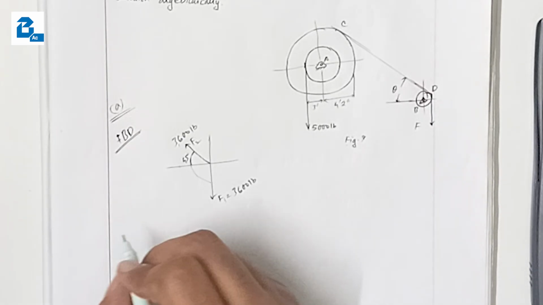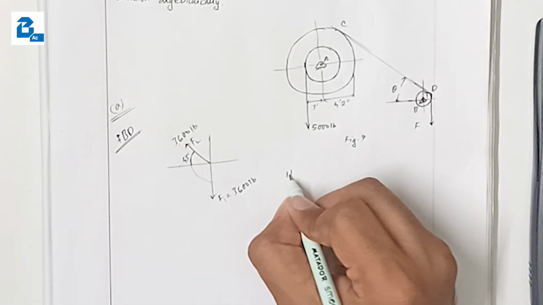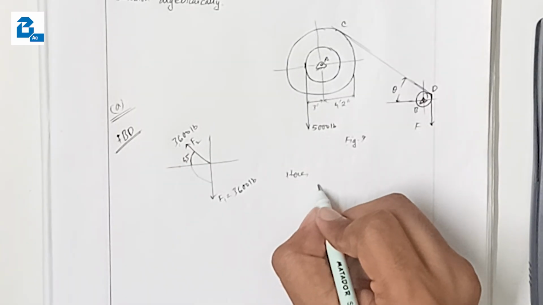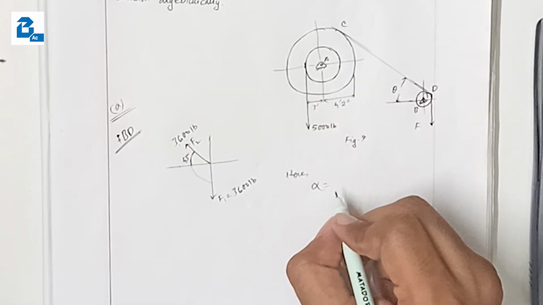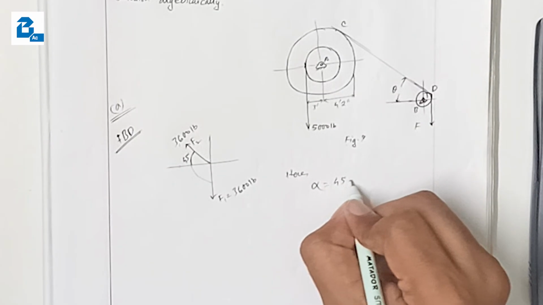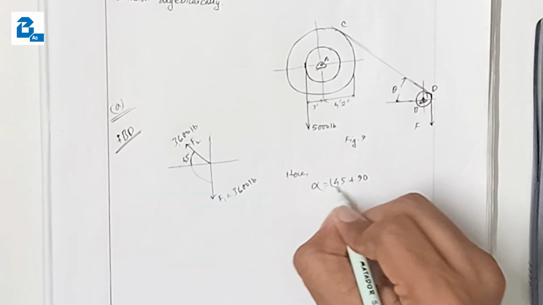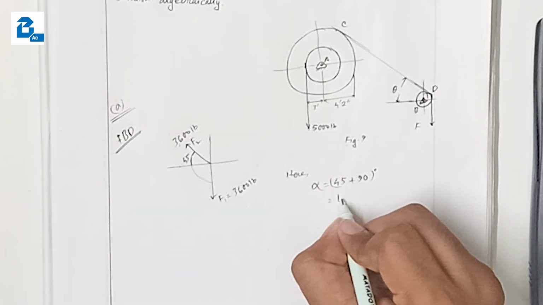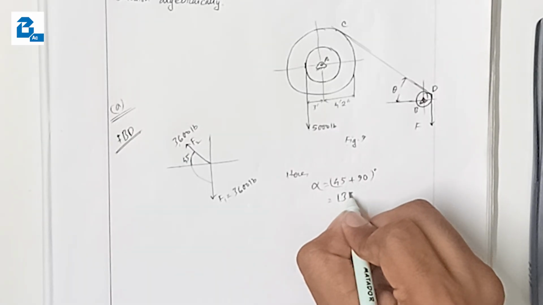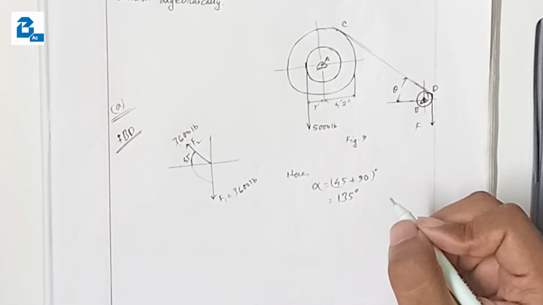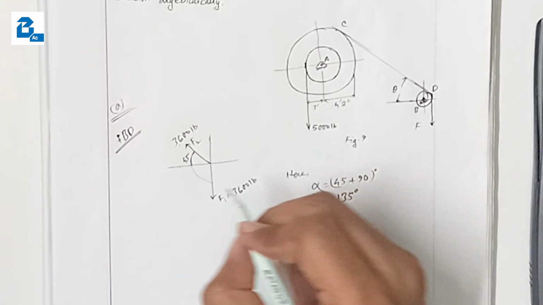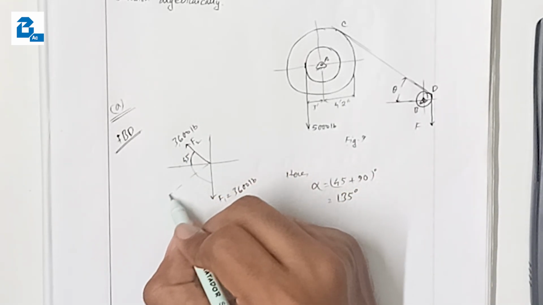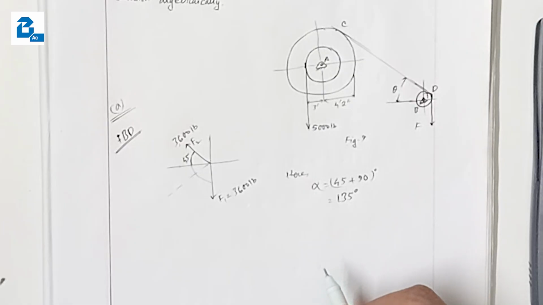So we can write here alpha equals 45 plus 90 degree, then 135 degree. So the resultant force would be somewhere in between them. So let's find it out.